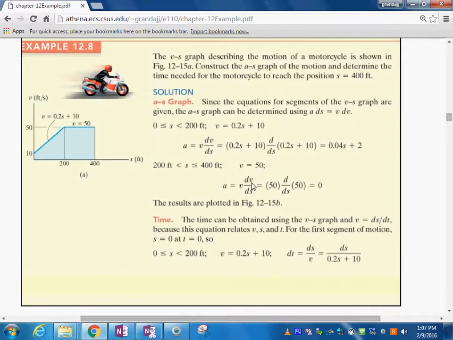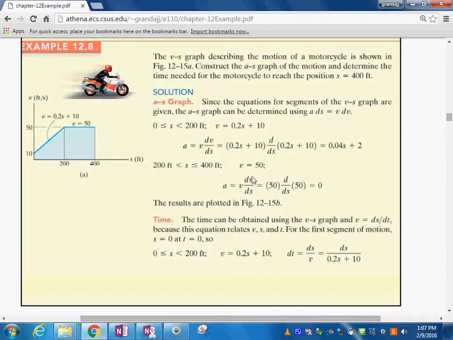So the results are plotted on the next one. The time can be obtained using the v and s graph and v equals ds/dt, because this equation relates v, s, and t.